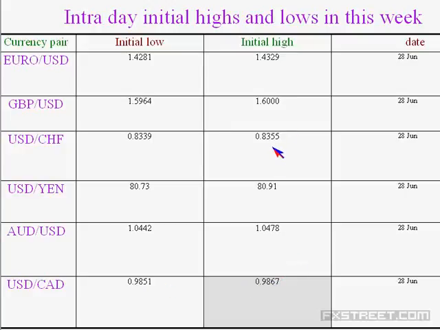So you can understand that excepting USD CHF, none of the currencies have breached either the low or the high, indicating that the volume has come down drastically in the market. People are afraid to do either a sell and buy trade or a buy and sell trade. So they are keeping aside, and as a result, you find the market is making some subdued moves. That is why the spread between the high and the low has come down very much.